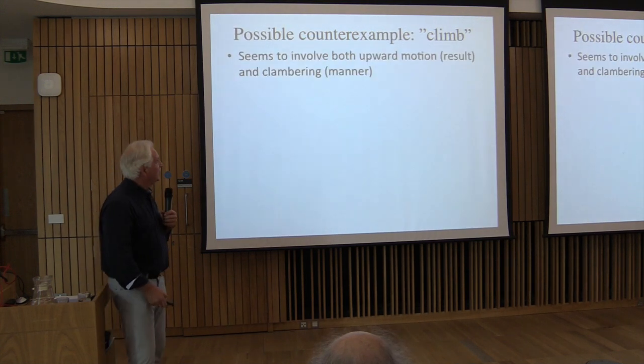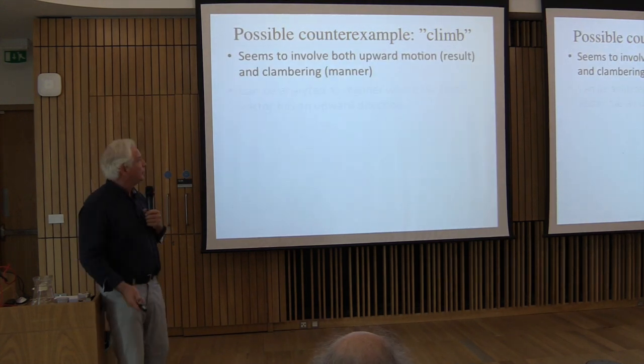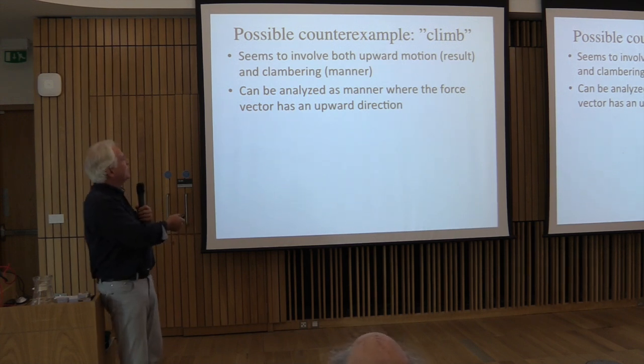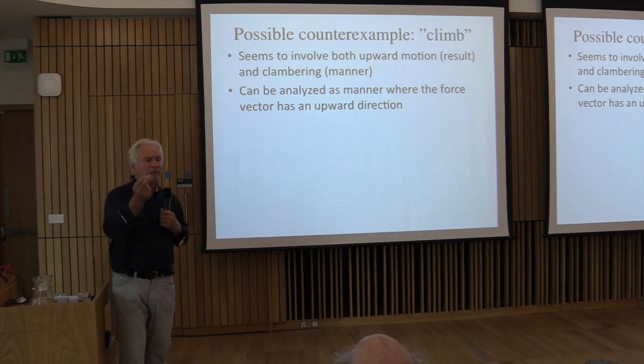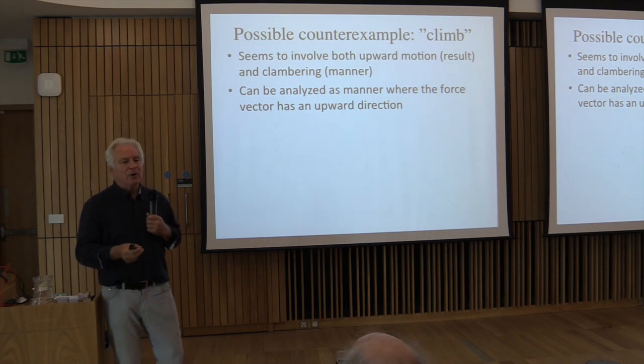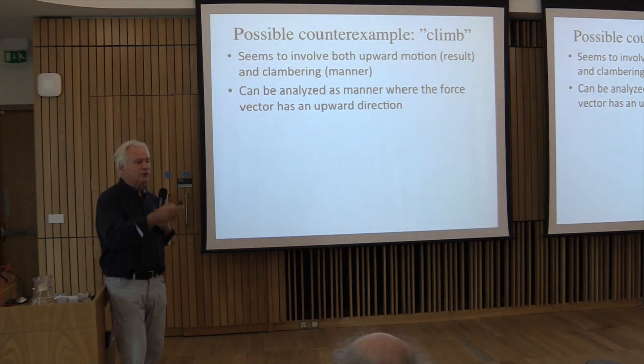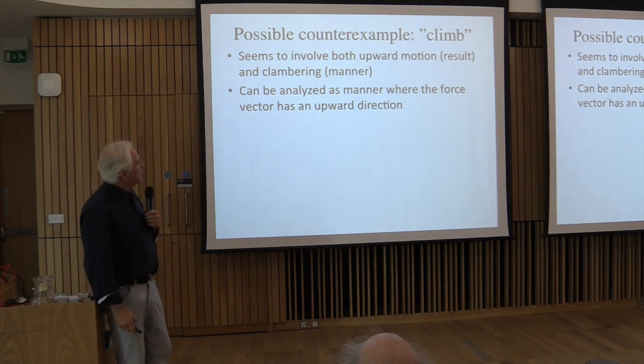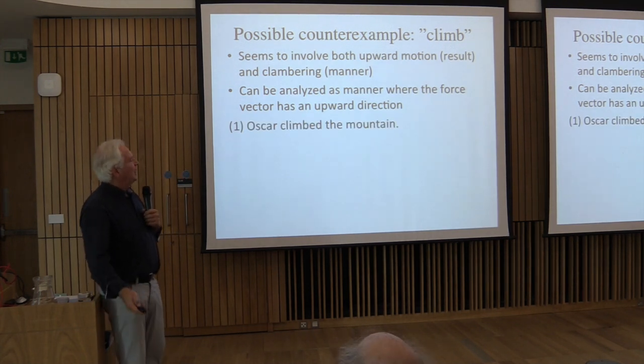Why can we say climb here? Is it a manner verb or is it a result verb? Well, my analysis is that it is a manner verb because the force vector has an upward direction. That's the basic meaning of climbing here, that there is a force vector that is directed vertically upwards. So, Oscar climbed the mountain.